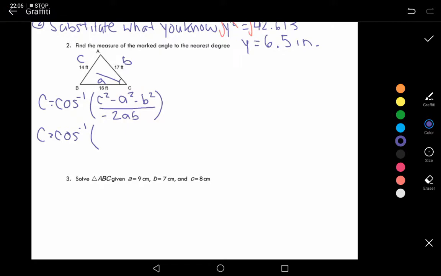So side C is 14 minus side A, which is 16 squared, minus side B, which is 17 squared. All divided by -2 times 16 times 17, A and B.